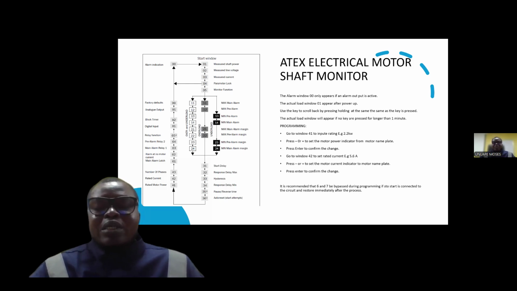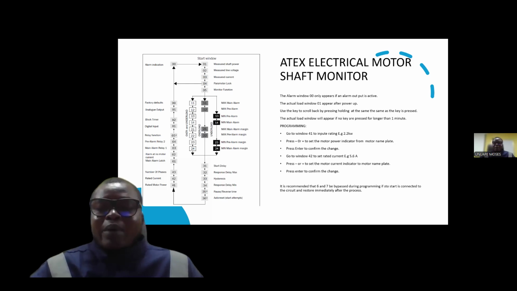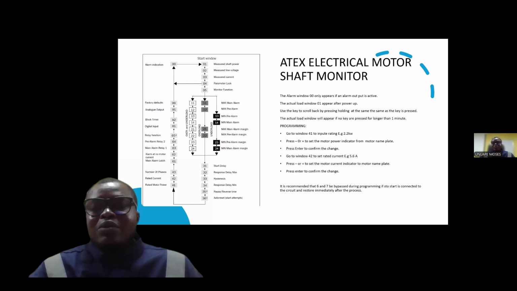Then we press either minus or plus to set the motor power indicator from the motor nameplate. Remember that the motor nameplate gives you the rating of that motor. Then press enter to confirm the change.